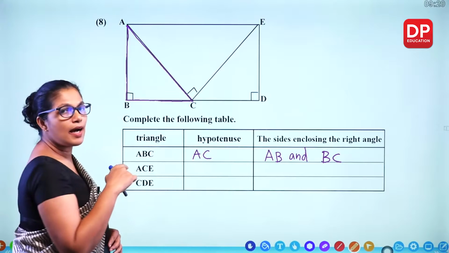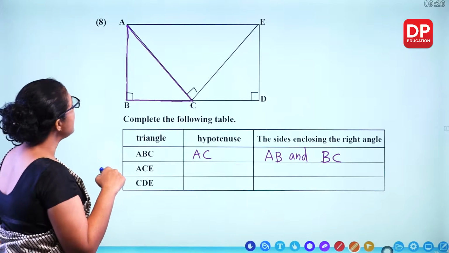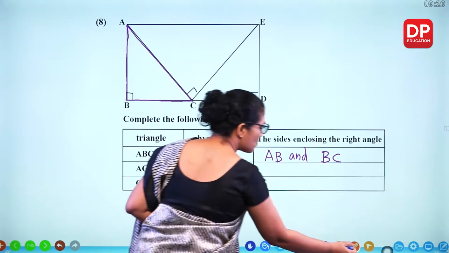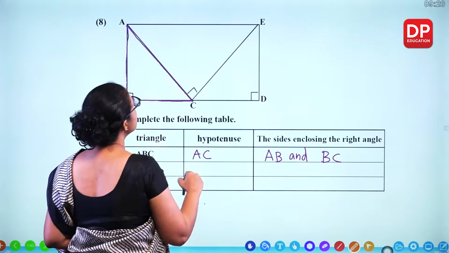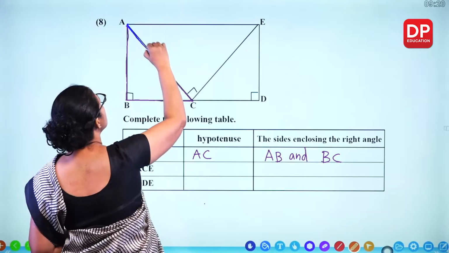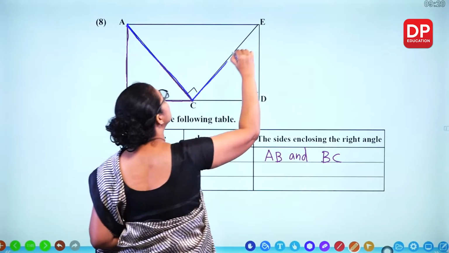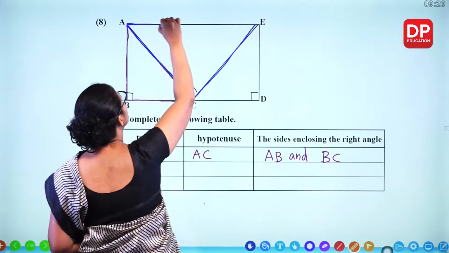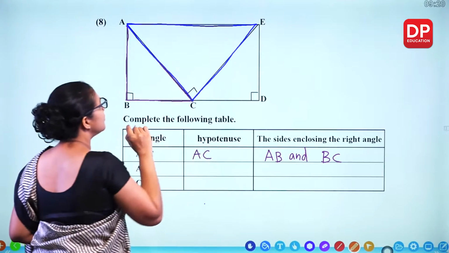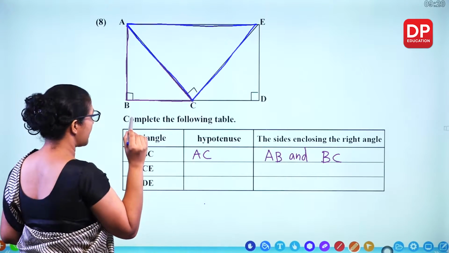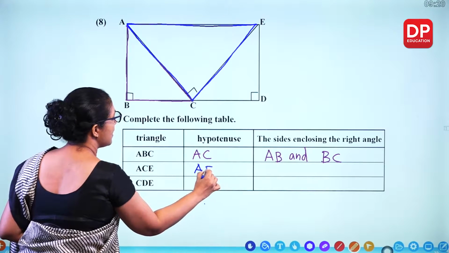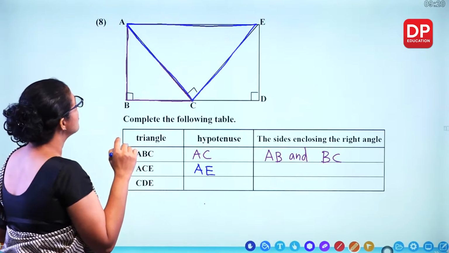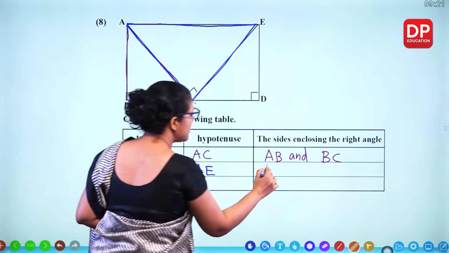AC is the hypotenuse. Now take the other triangle, ACE. Now consider this triangle. So 90-degree angle is C angle. So what's the hypotenuse? AE. Then what are the two sides? AC and CE.